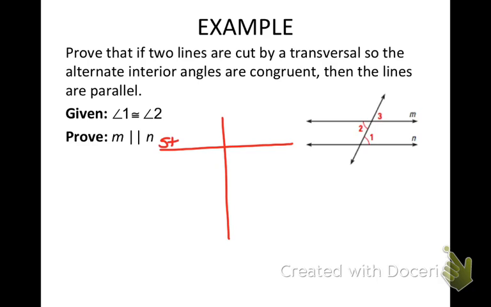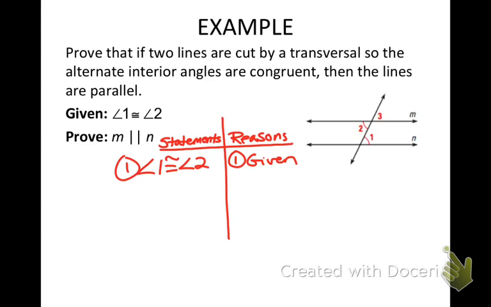So, statements, reasons. What do we always start with? Start with the given. So we're given that angle 1 is congruent to angle 2. All right, so I want to prove that two lines are cut by a transversal, so alternate interior angles are congruent.